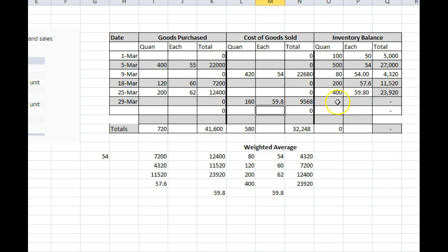What do I do here? Well, I have 240 left. I've subtracted 160 from 400. They each cost $59.80. So I have an ending inventory of 14,352 with 240 in stock. I hope that helps a bit.